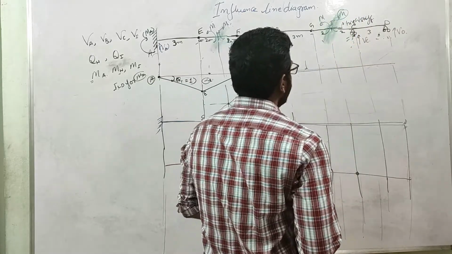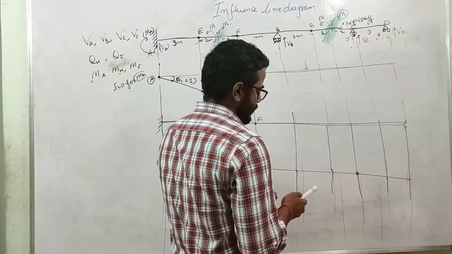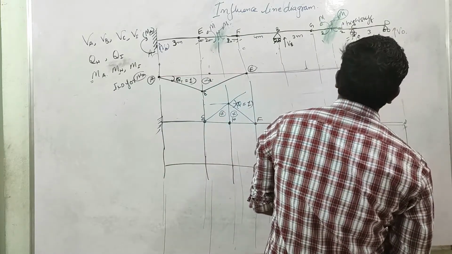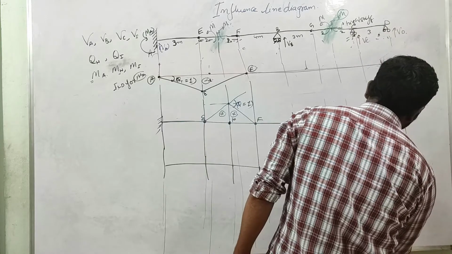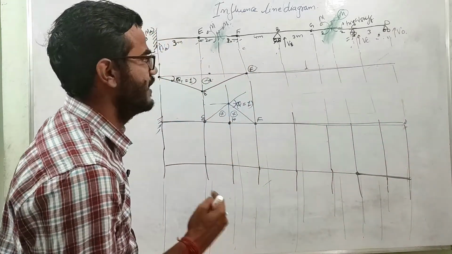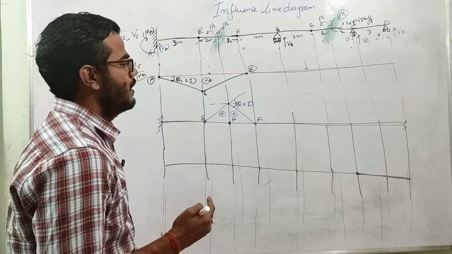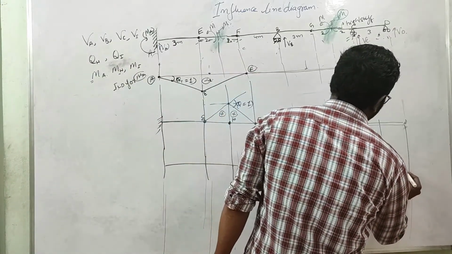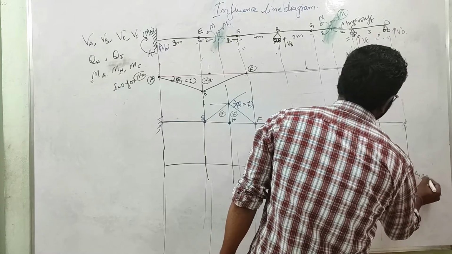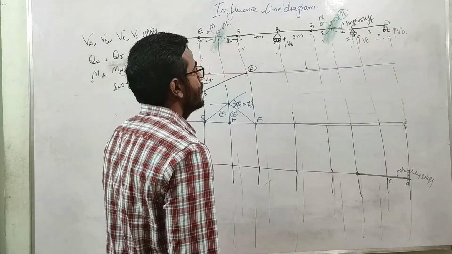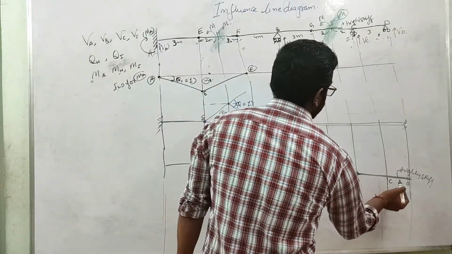Now this portion cannot move, this portion cannot move, this portion cannot move, same reason, because it is restricted by 2 supports over here. This portion cannot have straight line movement. It is restricted by these 2 supports C and D, highly stiff. As we know, the deflection diagram only comprises straight lines, so there won't be any straight line movement due to these 2 supports.